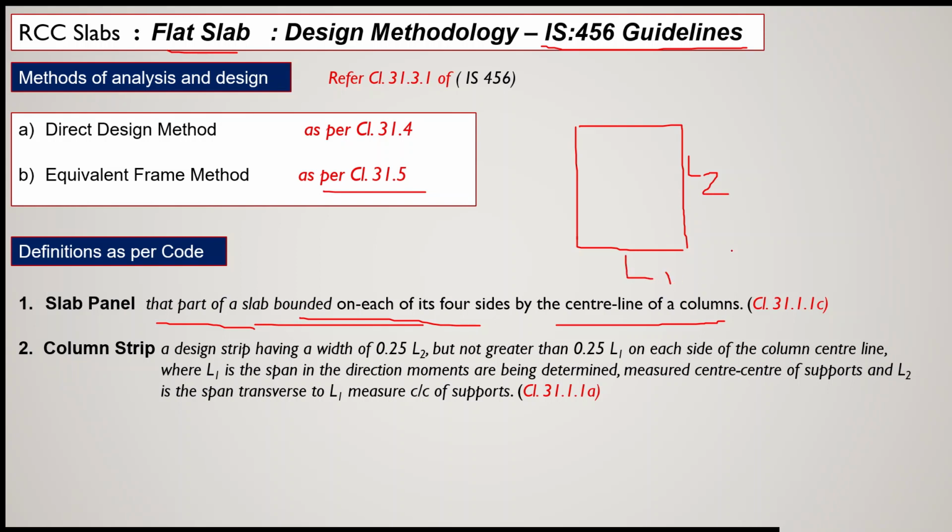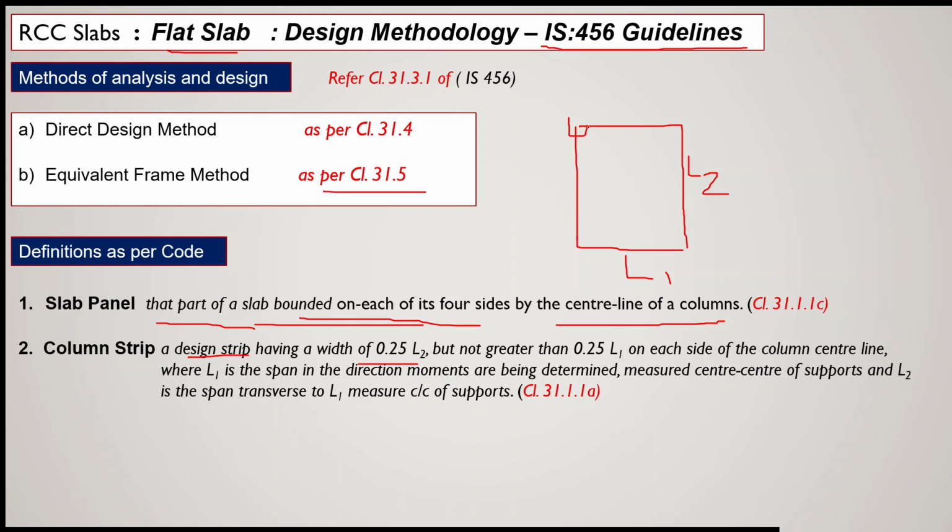Now what we have to do, we have to divide this panel into strips. So a design strip having a width of 0.25 L2. L2 is one span length, another span length is L1. So when you divide L2 by 4, that is 0.25 L2, but not greater than 0.25 L1 on each side of the column center line.